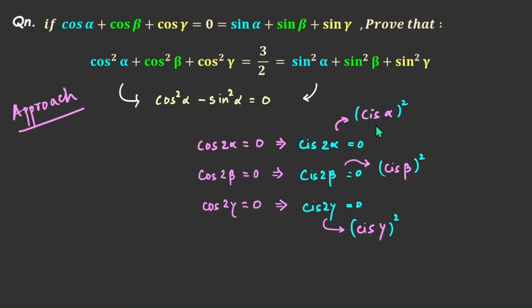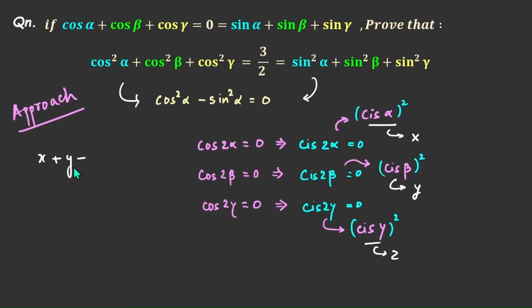So it makes sense if we just place these terms as some x, y, z. So this we can call x, this we can call y, and this we can call z, to get that x plus y plus z is equal to 0, because this would separate as real terms of cos alpha plus cos beta plus cos gamma, and here the imaginary terms would be sin alpha plus sin beta plus sin gamma, and both of them are 0.